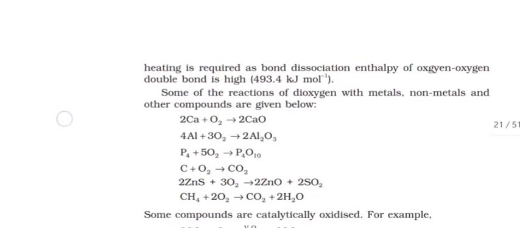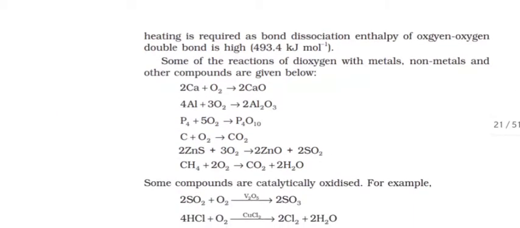Some of the reactions of dioxygen with metals, non-metals and other compounds are given below. 2Ca plus O2 gives 2CaO, 4Al plus 3O2 gives 2Al2O3, P4 plus 5O2 gives P4O10, C plus O2 gives CO2.